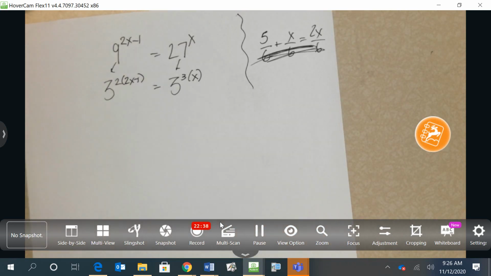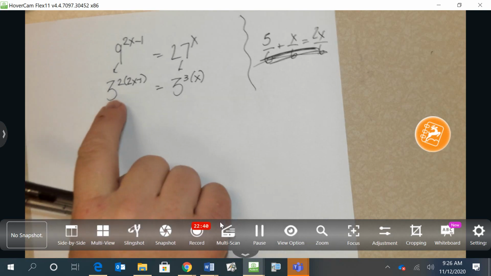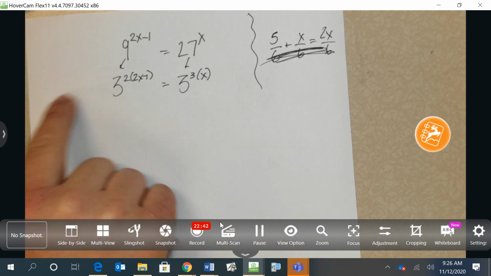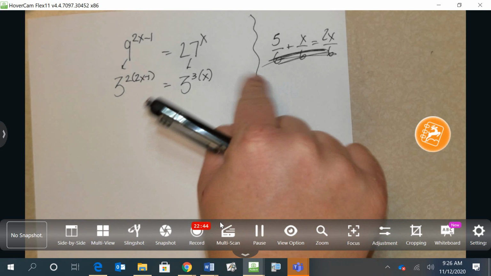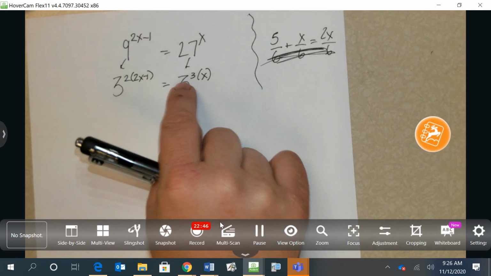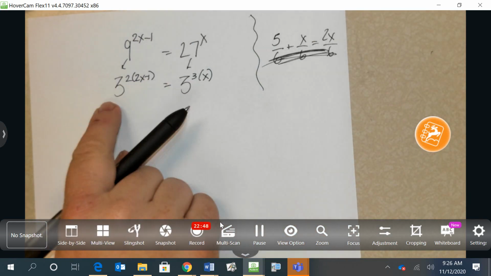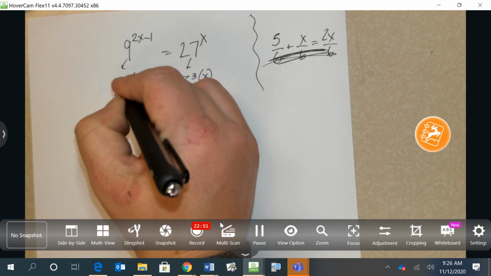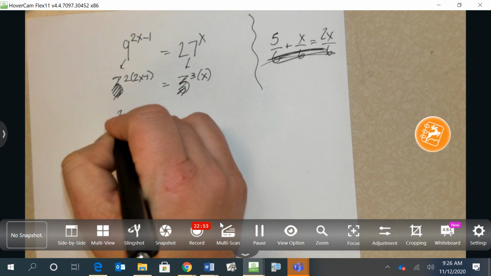Okay? It's kind of like a shortcut method. That's basically what this is. When we have the bases exactly the same, and there's no extras, like +2 or -10, it's a base and an exponent equals a base and an exponent. That's it. When the bases are exactly the same, we get to cross them out and solve.